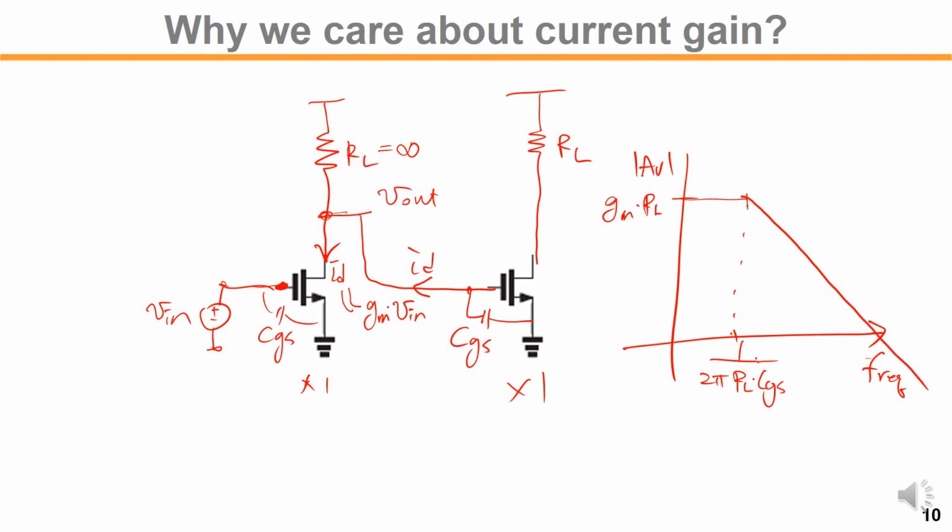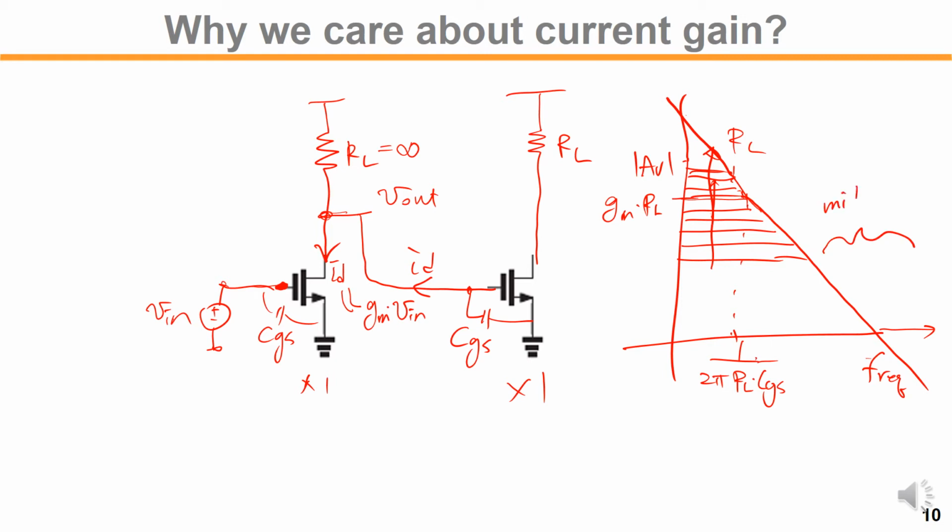It will go down like this, right? If we have a larger RL, the DC gain changes, and the pole location changes. Let's assume the RL is high enough so it doesn't affect the high frequency midband characteristic. So let's look at the midband characteristic around the unity gain frequency fu. You will see the unity gain at the ft of this transistor.